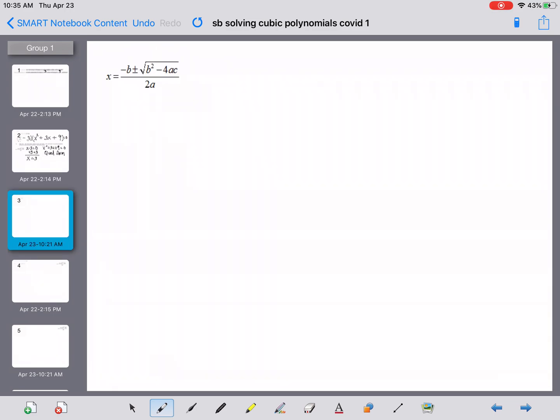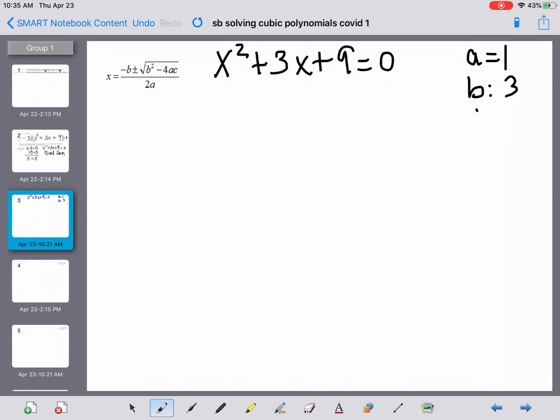So again, we've got x squared plus 3x plus 9 equals 0. And if you remember from the quadratic formula, that means that a equals 1, b equals 3, and c equals 9. And we're going to fill in the quadratic formula.